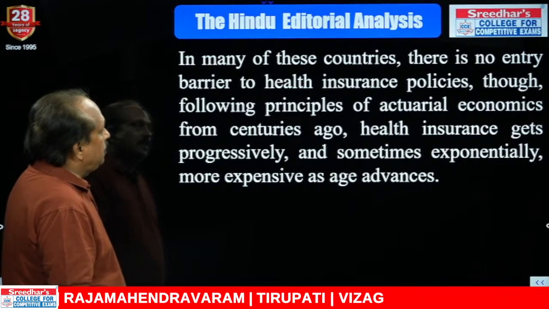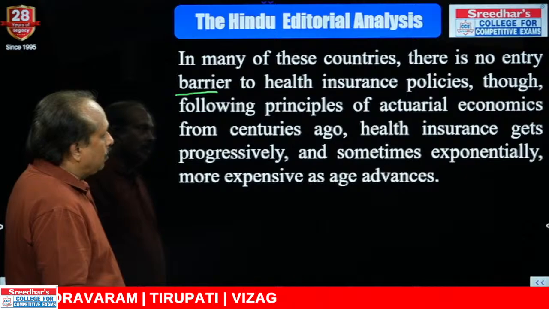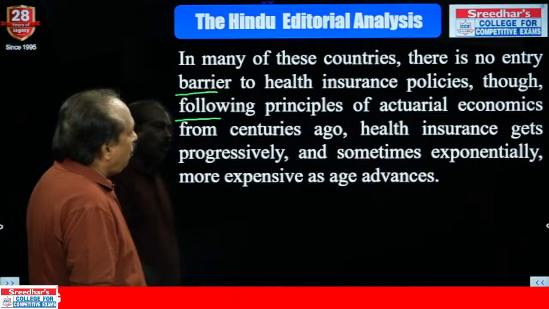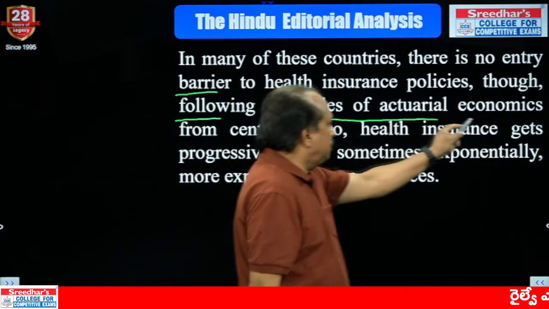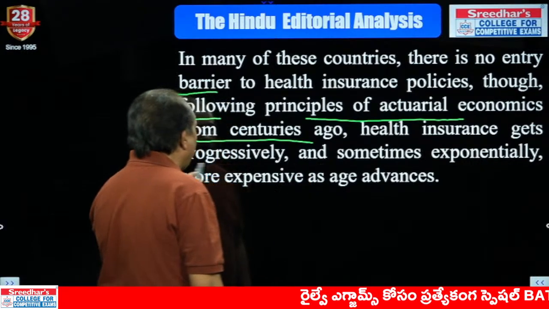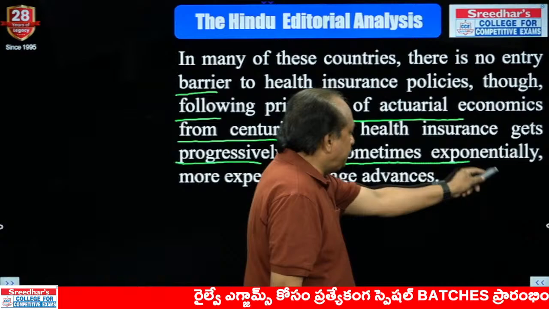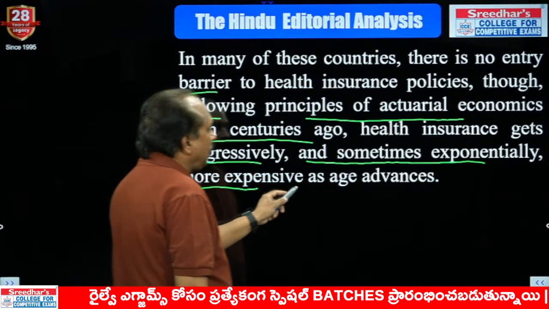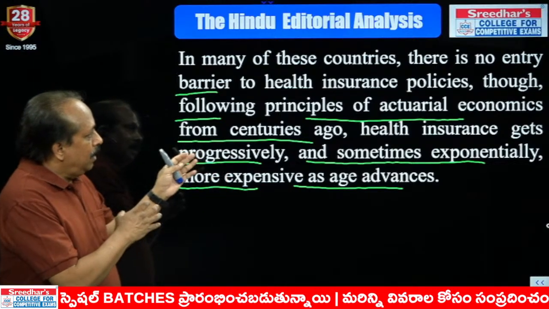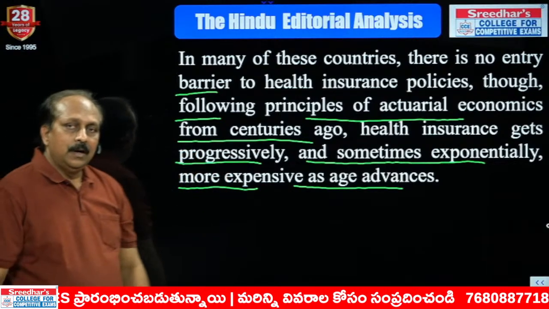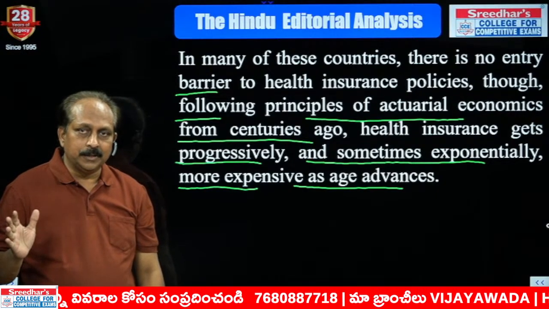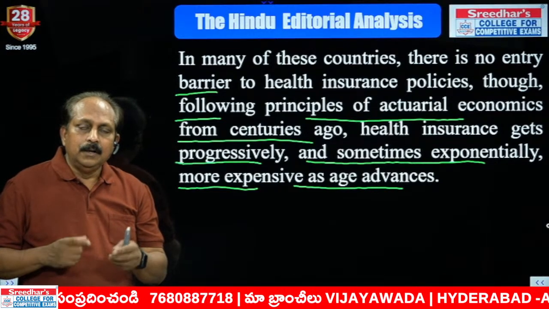In many of these countries, there is no entry barrier to health insurance policies, though, a contrasting word, though, following principles of actuarial economics from centuries ago, health insurance gets progressively and sometimes exponentially more expensive as age advances. What it means is they have health insurance policies, and there's no age barrier. Anyone can take the policy. But there's another factor on the negative side.